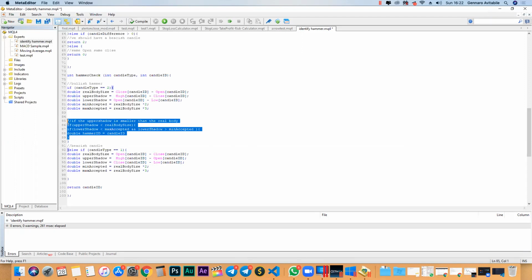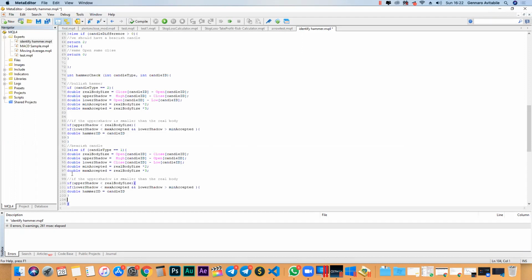If the upper shadow is smaller than the real body. Well, let's just copy this, even if it doesn't really make sense to me right now. Upper shadow has to be smaller than the real body.